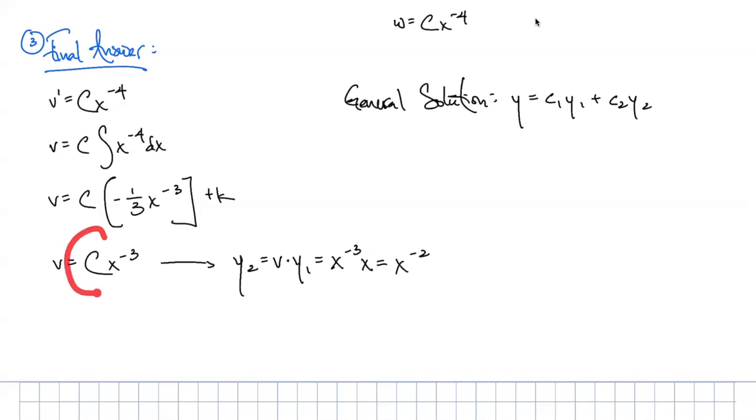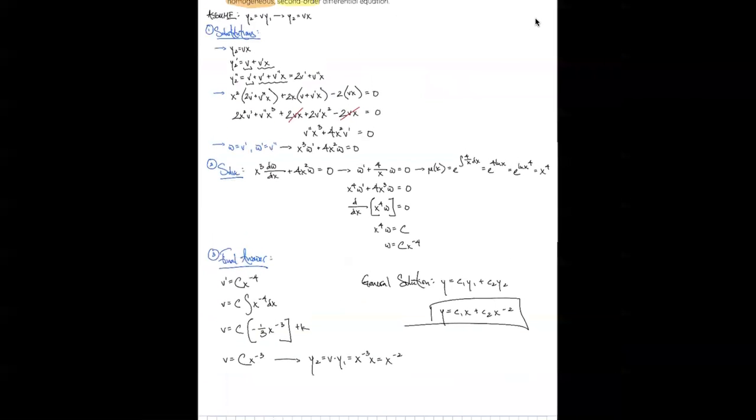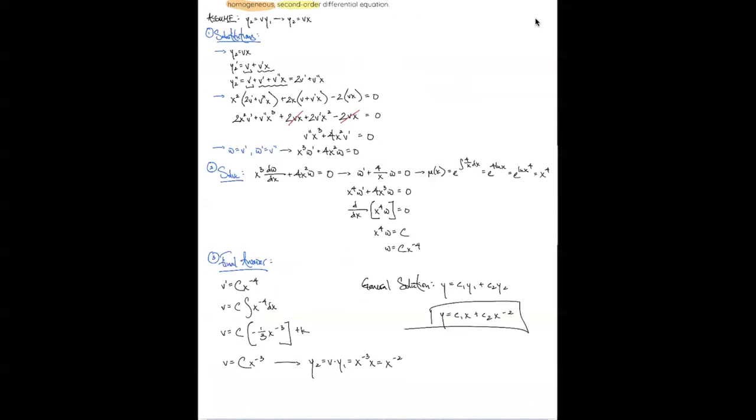And the reason I didn't bring this C in with my y2 is because I knew I was going to give it a constant anyway. So it's still just going to be that constant. All right, so we get y equals C1x plus C2x to the negative 2. And there we have our general solution. Okay.